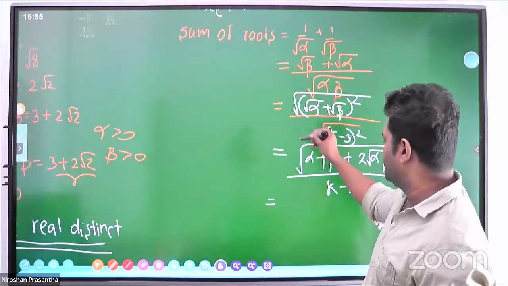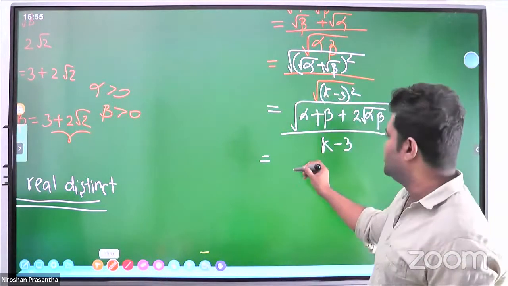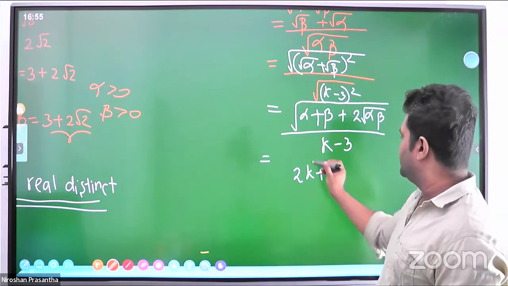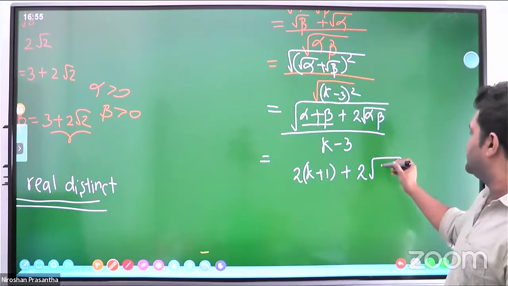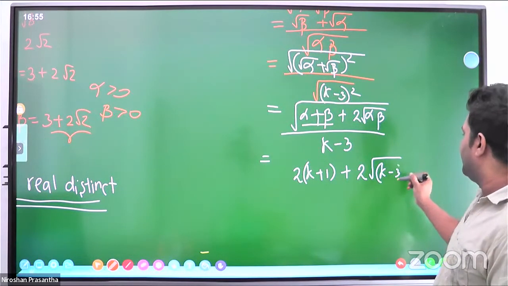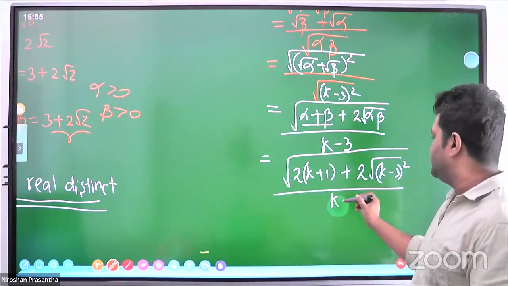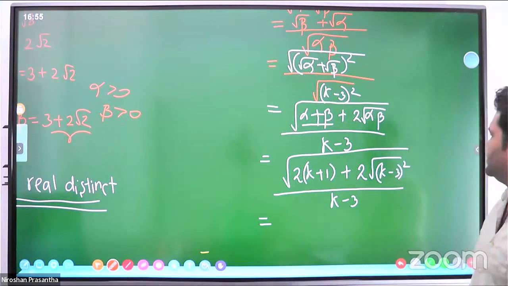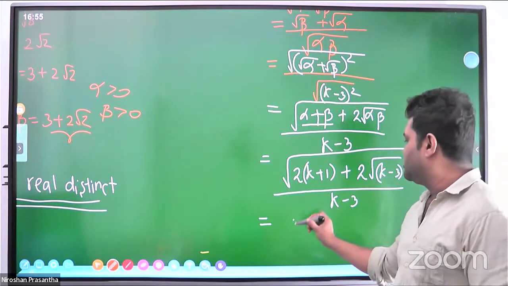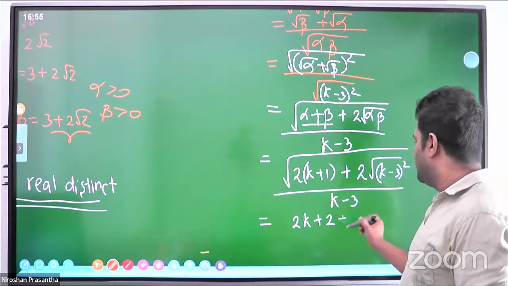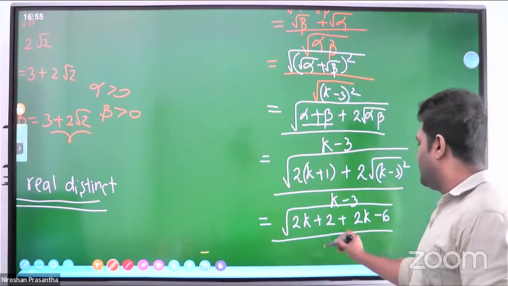You will write it down: 2 times k plus 1. This is the sum, and plus 2 root alpha beta is k minus 3 square over k minus 3. So once you answer, again you can cancel the square root. It's 2k plus 2, 2k minus 6 square root, but k minus 3.